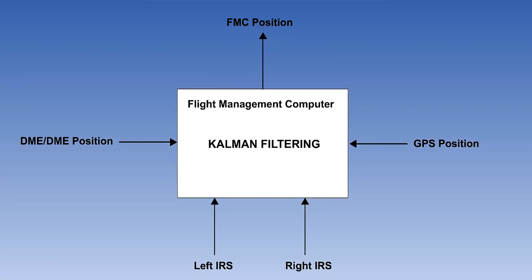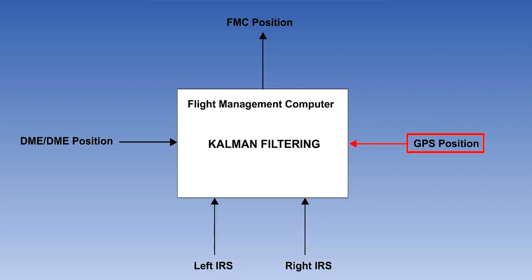The later generation of inertial systems, which are generally known as inertial reference systems, or IRS, are usually part of an integrated flight management system, FMS. In the flight management computer, or FMC, there are usually 2 or 3 IRSs, each generating its own present position.